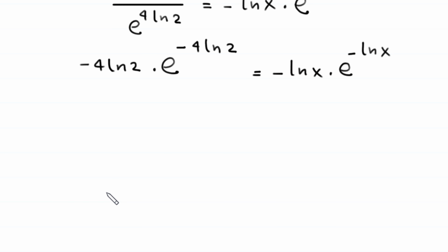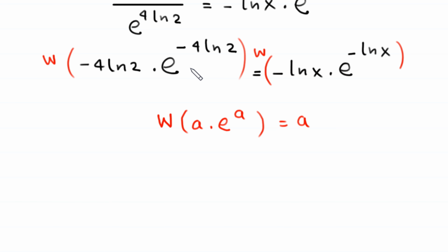Now we can use Lambert W function on both sides, that is W function of a times e to the power a is equal to a. So we apply Lambert W function on both sides.